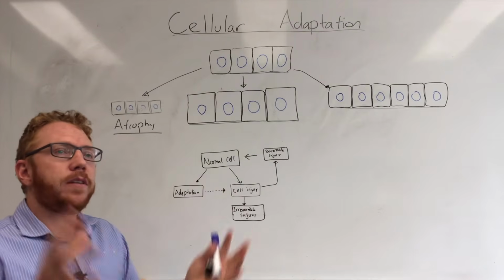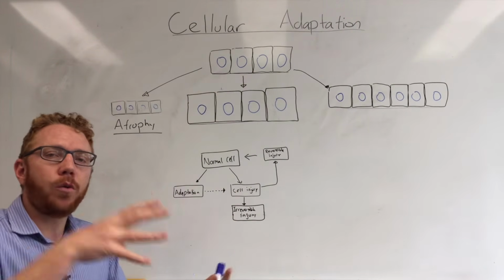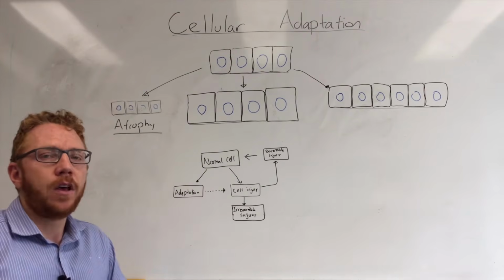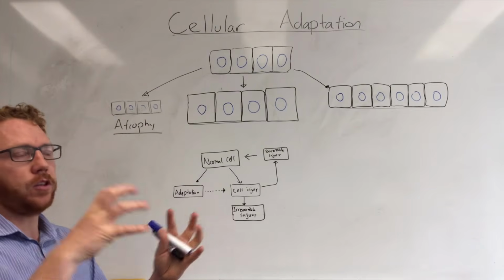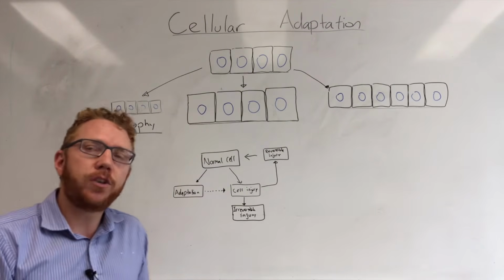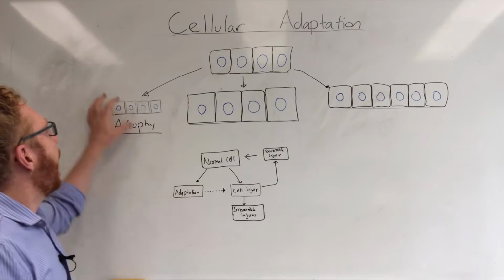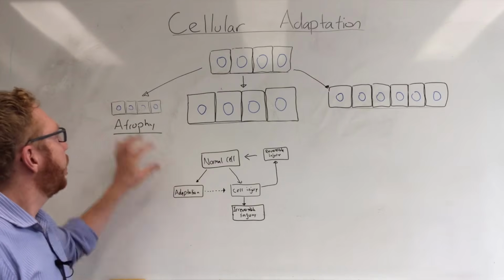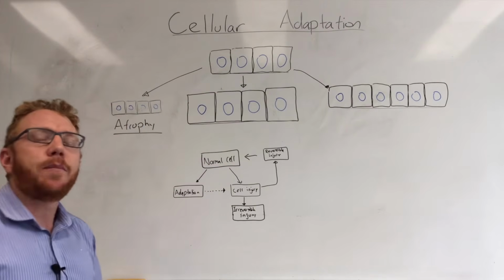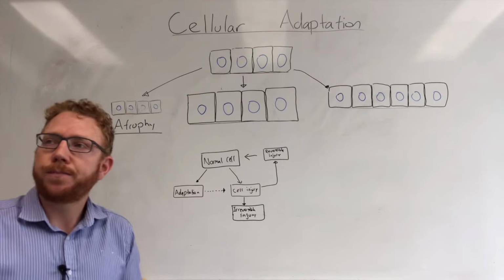So during pregnancy, all the hormones cause the uterus to get bigger, to grow with the developing fetus. Once the fetus has passed out, the hormone levels drop, so that means the uterus drops back to its original size, and that's atrophying. Now, it's important to note that atrophy is a decrease in cell size, not in number, so these are usually in stable cells or permanent cells, such as muscle cells.